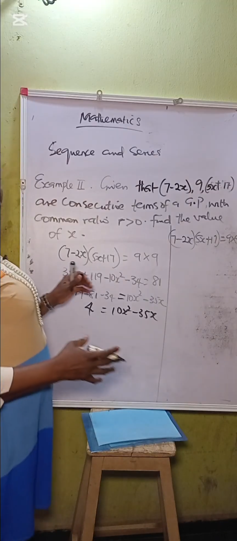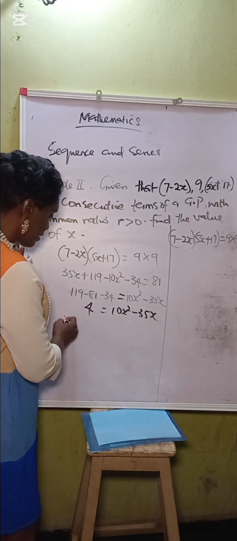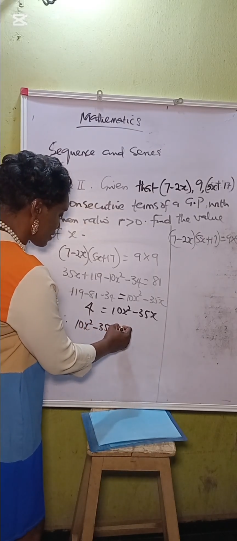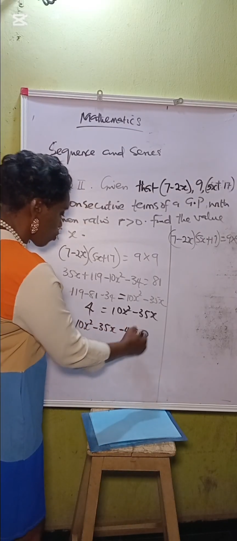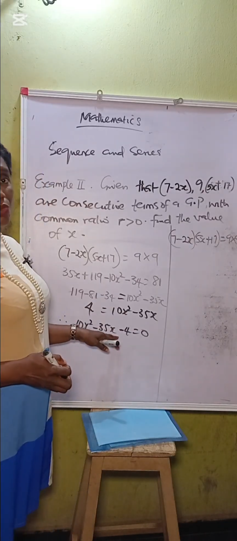So we are going to arrange it in quadratic form. Therefore 10x squared minus 35x minus 4 is equal to 0.